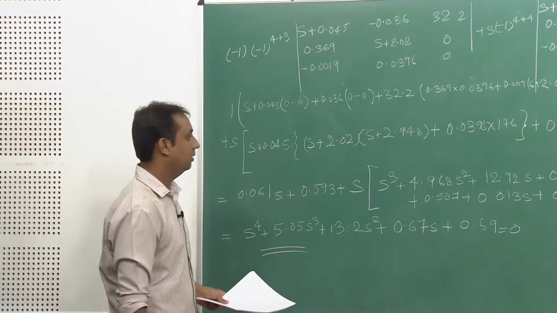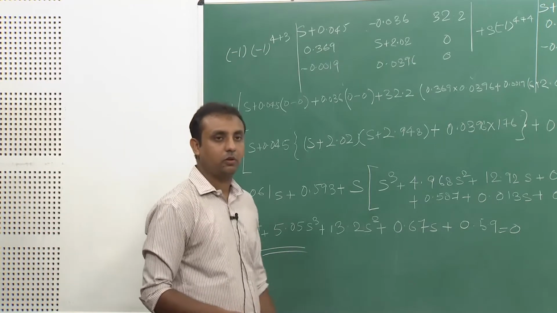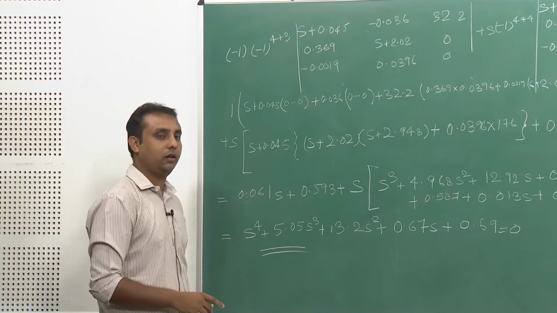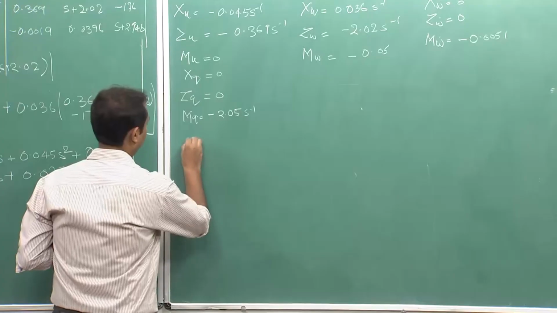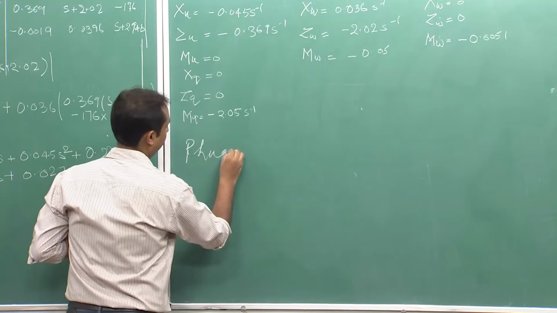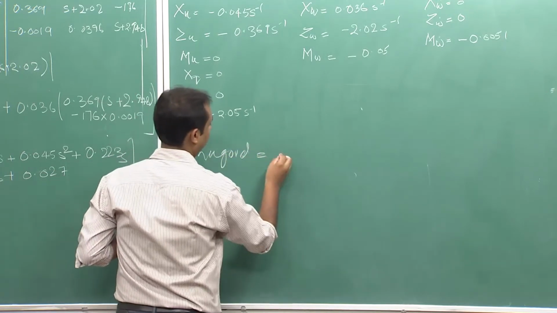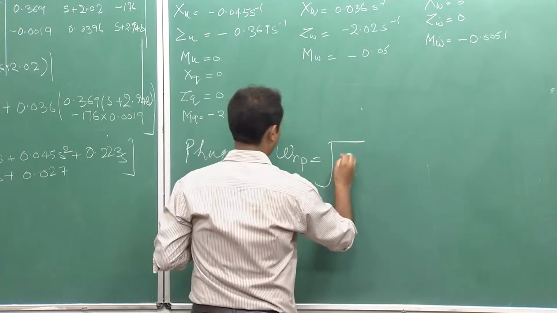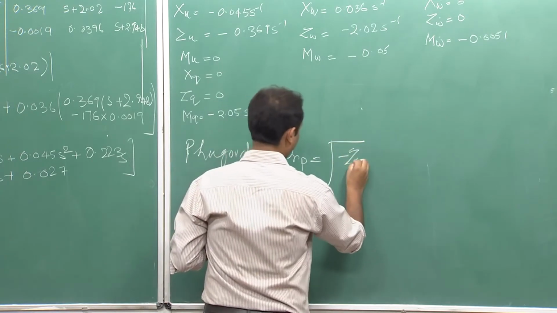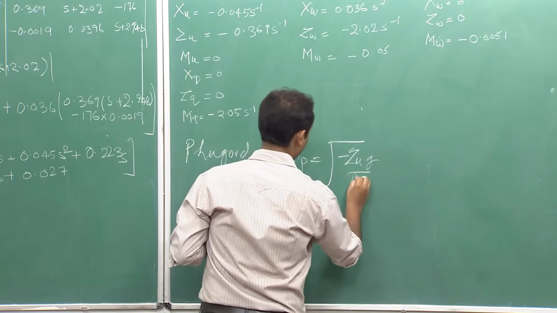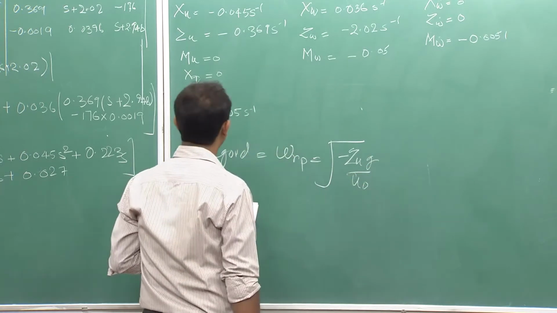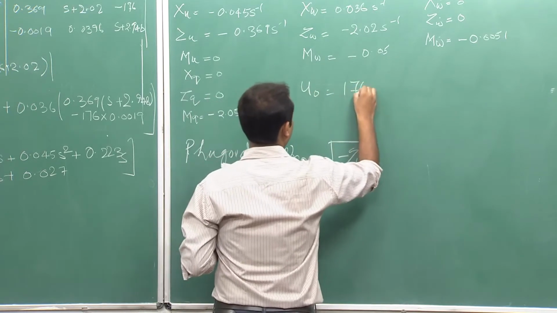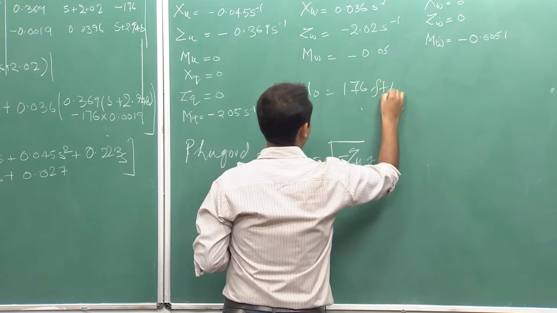But before that, we already derived the formula for short period mode and long period mode. Let us see what are the roots for the short period and long period mode. For phugoid mode, we already wrote that omega n phugoid will be root over minus Z_U g upon U naught. Okay, I didn't mention, U naught is 176 feet per second.